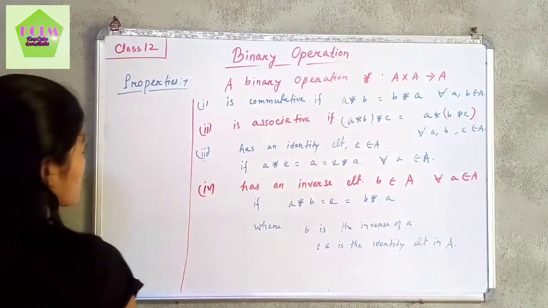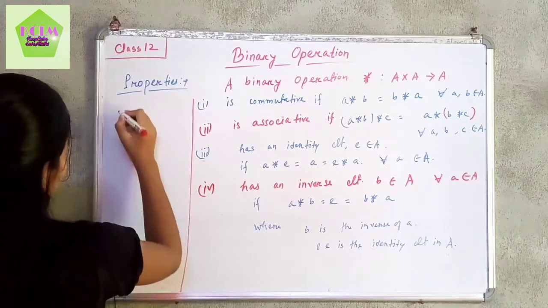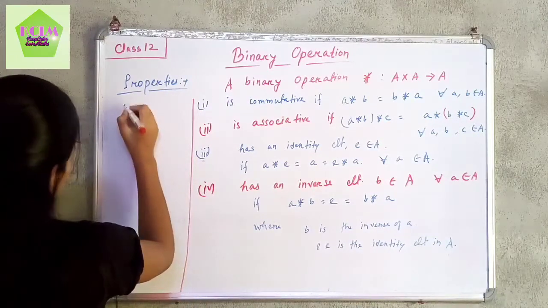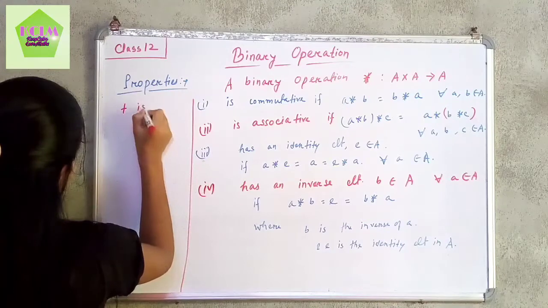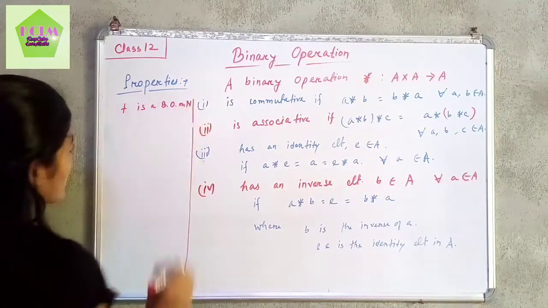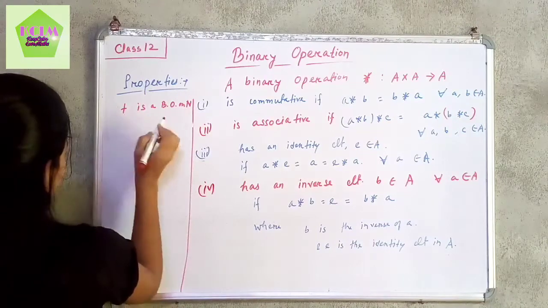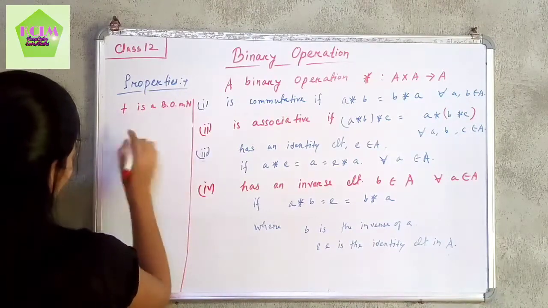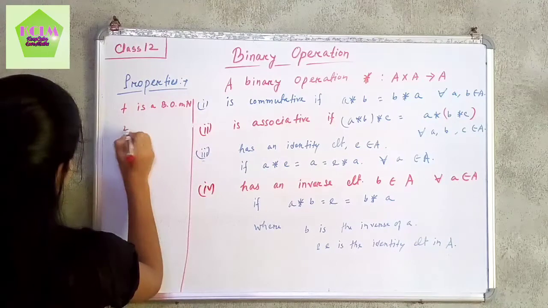So see with some example. Suppose addition is a binary operation on the set of natural numbers. Now let us take two elements which are natural numbers, 2 and 10.